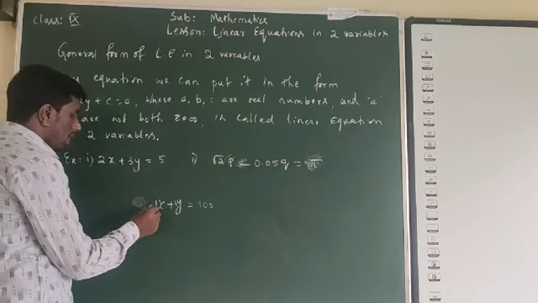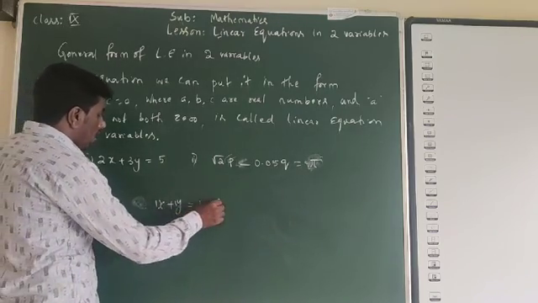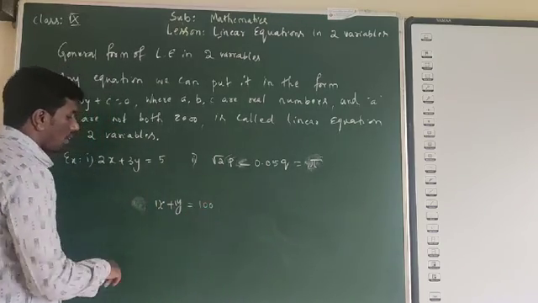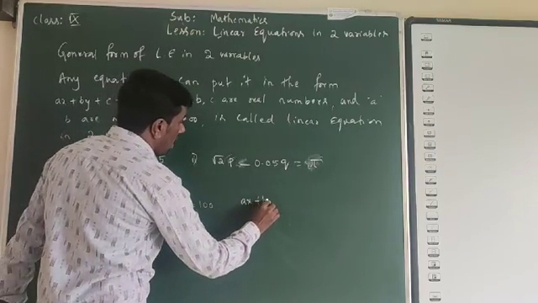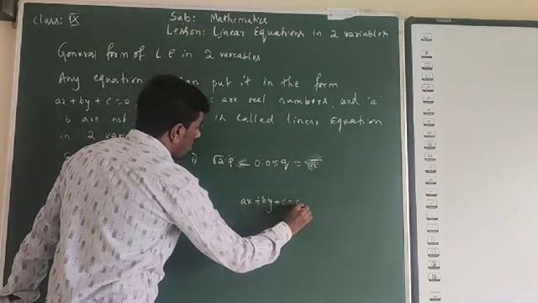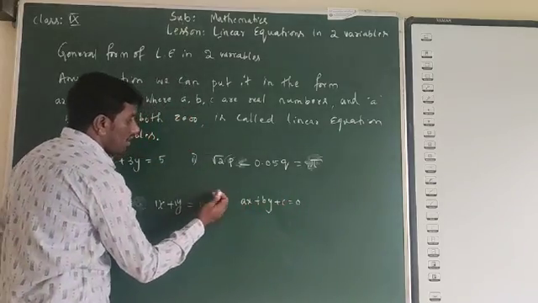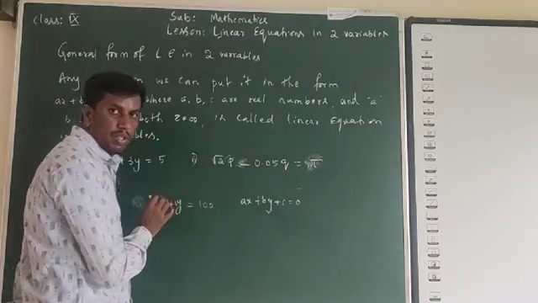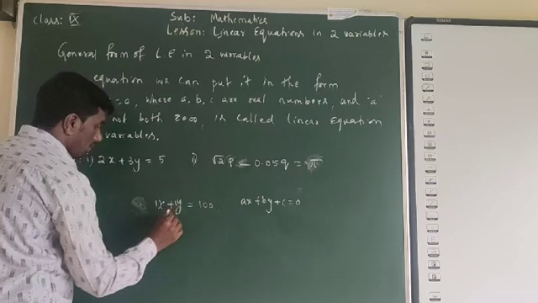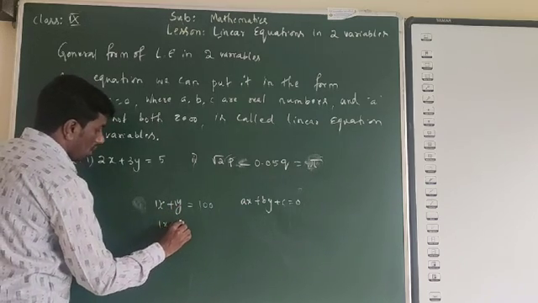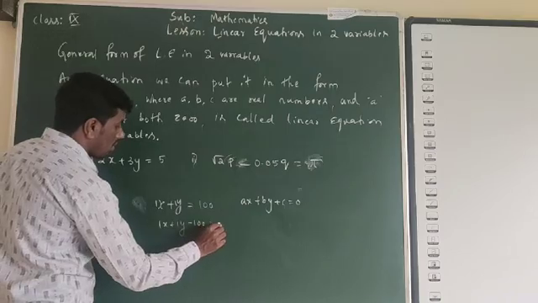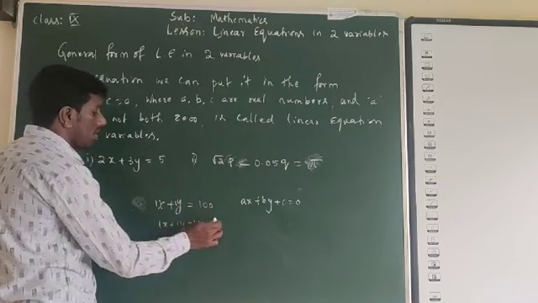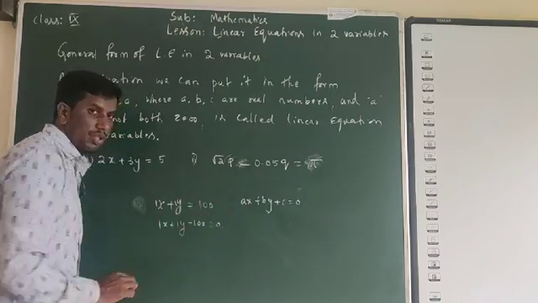Now assume we bring this equation into the general form, ax plus by plus c is equal to 0. Everything should be in the LHS and in the RHS you should have 0. So 1x plus 1y, bring 100 to the LHS, it becomes minus 100 is equal to 0. There is nothing in the RHS, so it is 0.